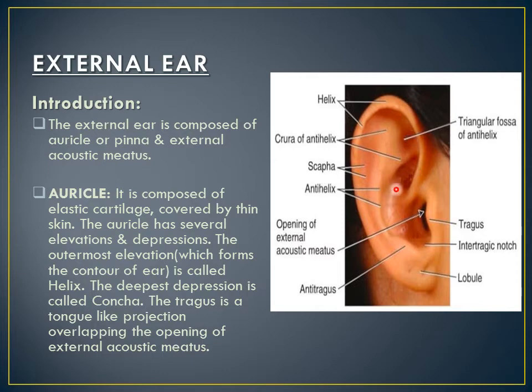The deepest depression is called concha, and here is the opening which leads into the external auditory meatus. Overlapping this opening there is an elevation called tragus. Opposite to the tragus there is antitragus, and in between the tragus and antitragus there is the intertragic notch. Here, the lowermost part of the auricle, which is the fibrofatty tissue covered with skin, is called the lobule.